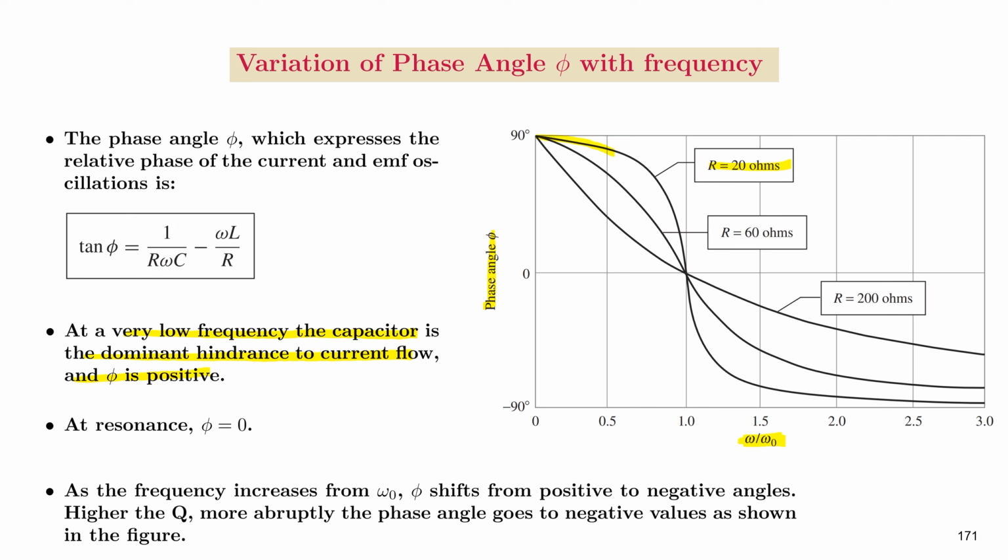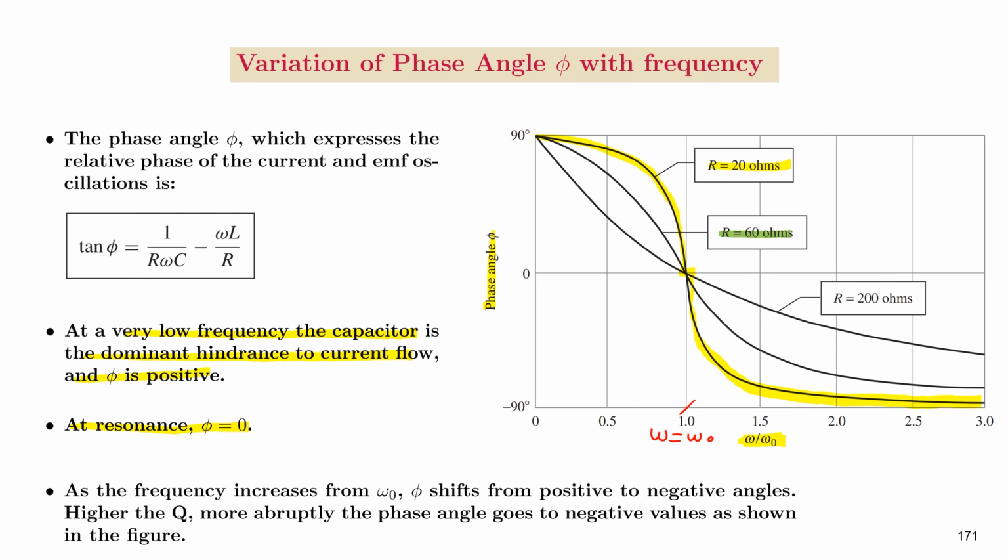So this is that case. At low frequencies, phi is positive, and at resonance, phi becomes equal to 0. So this is that point at the center. At the center, phi equal to 0. And then as frequency increases from omega 0, this is the point omega equal to omega 0, phi shifts from positive to negative angles.